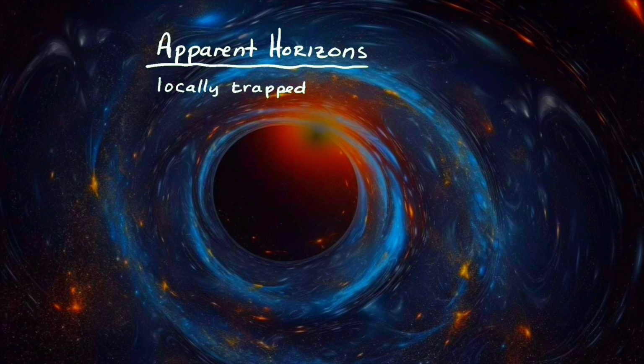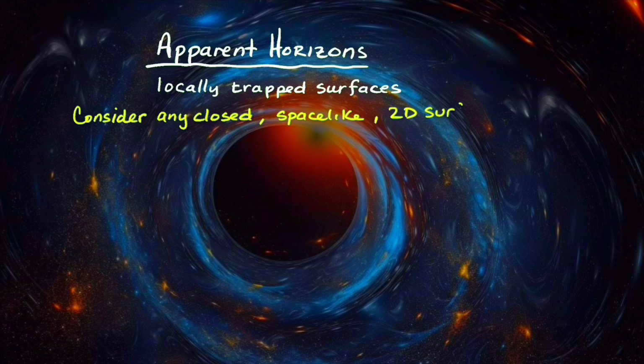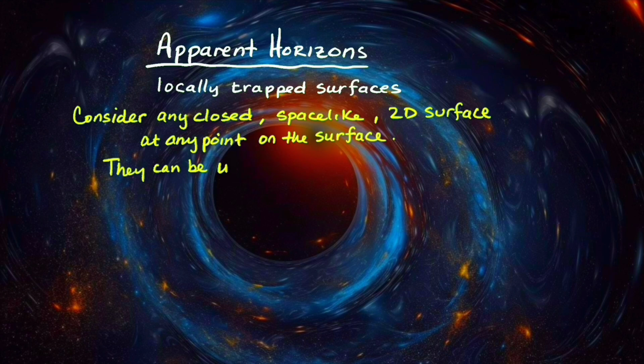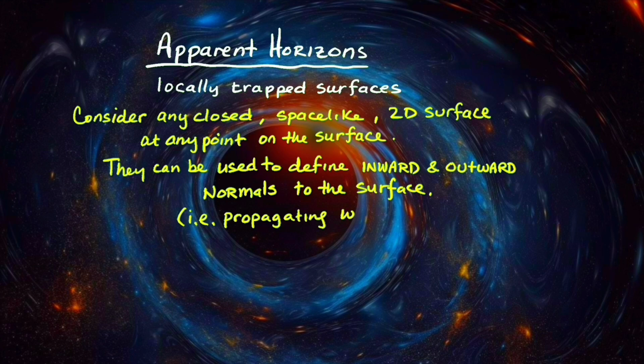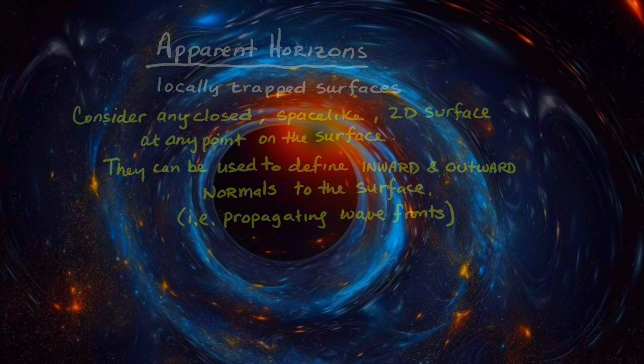Apparent horizons. Apparent horizons are locally trapped surfaces. So consider any closed, space-like two-dimensional surface. At any point on the surface, you can define inward and outward normals on this surface, and you can define propagating wavefronts thusly. So now imagine a two-dimensional surface.